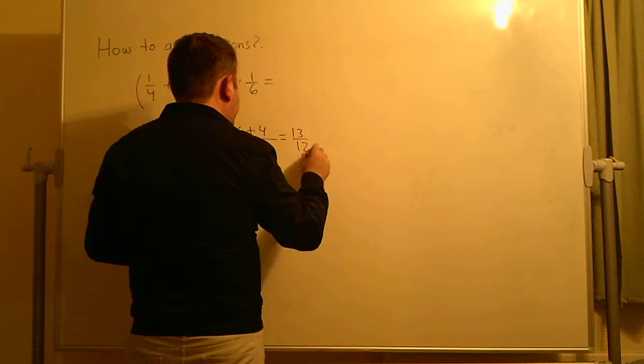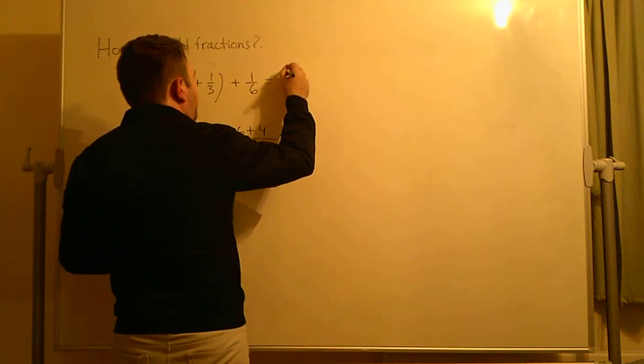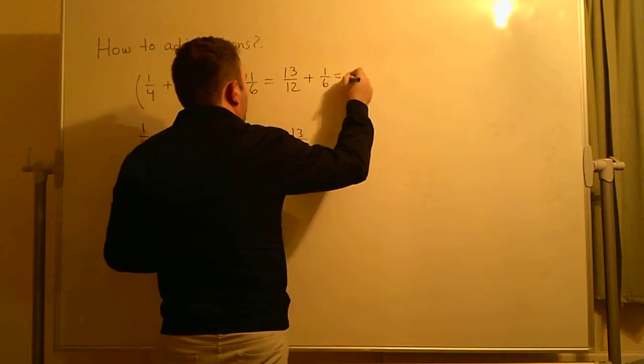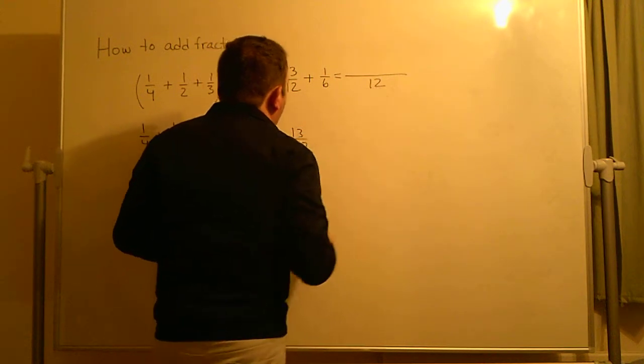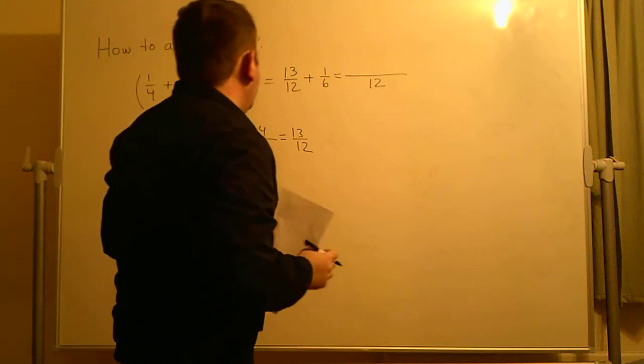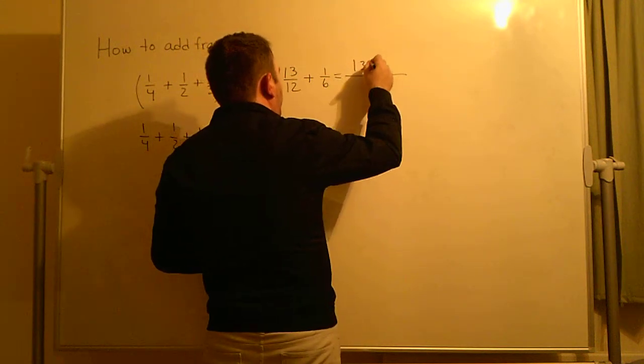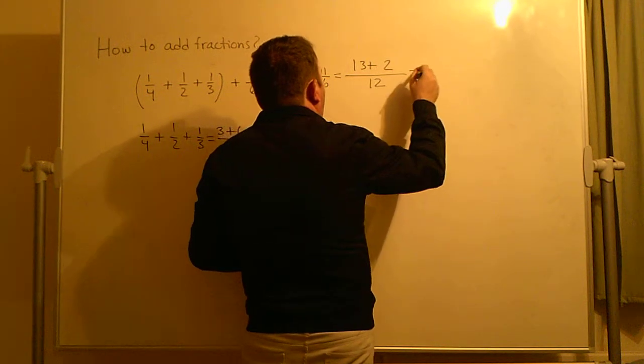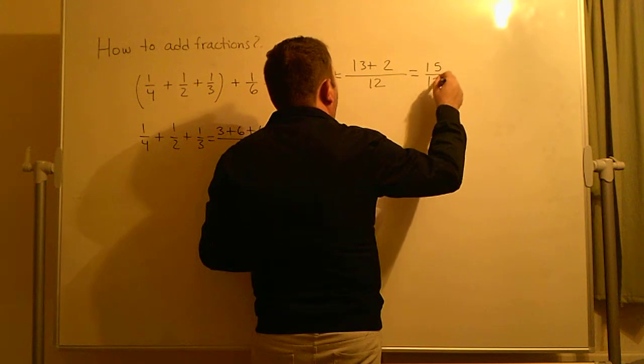13 twelfths. So we will have here 13 twelfths plus 1/6, and then the least common multiple will be 12. 12 divided by 12 is 1, times 13 is 13, plus 12 divided by 6 is 2, times 1, 2, and then we will have 15 divided by 12.